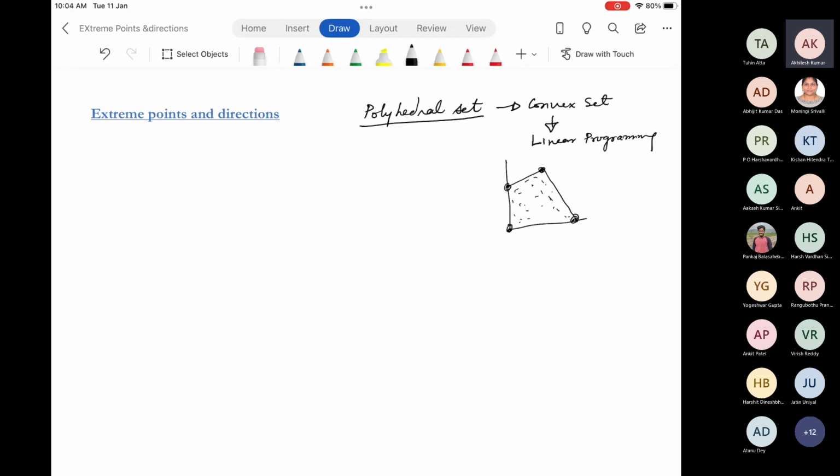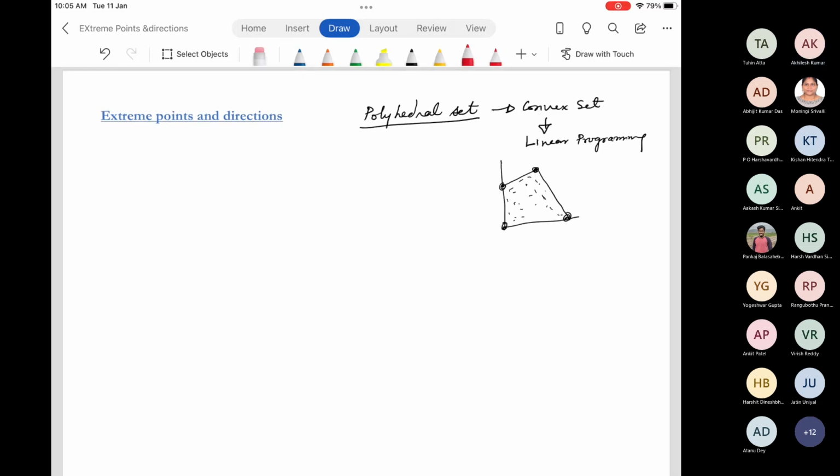The underlying mathematical theory behind the simplex method or LP lies in convex sets, and more precisely polyhedral sets. So we are going to study two things here: extreme points and extreme directions, which are the basis of the simplex algorithm. First we'll focus on extreme points.